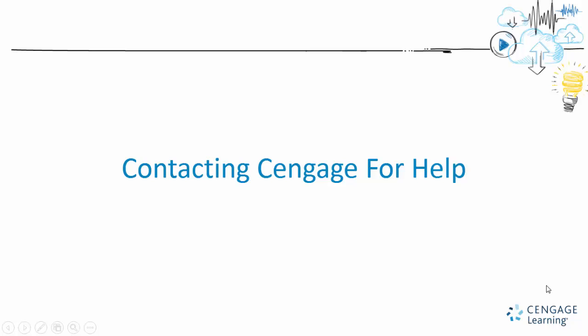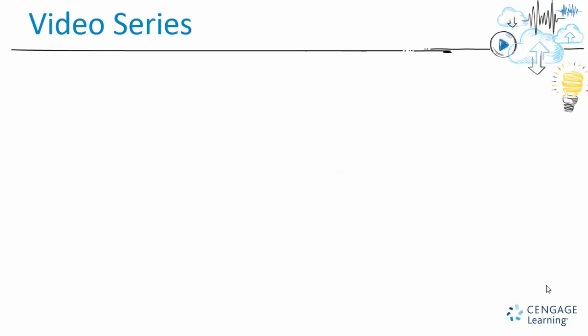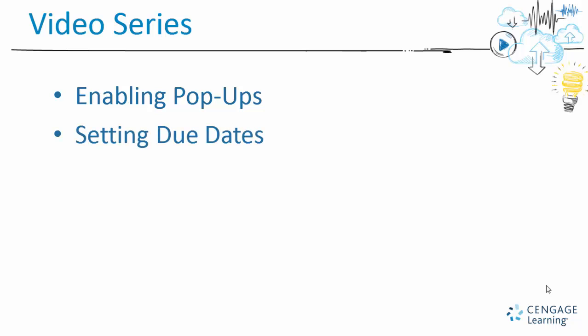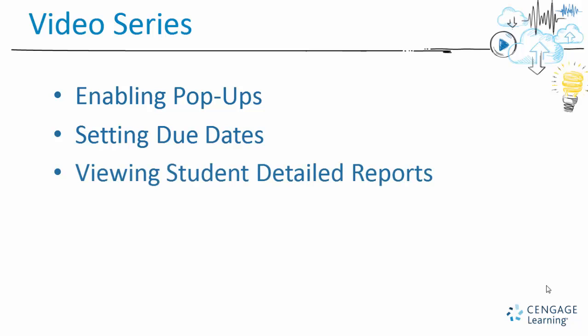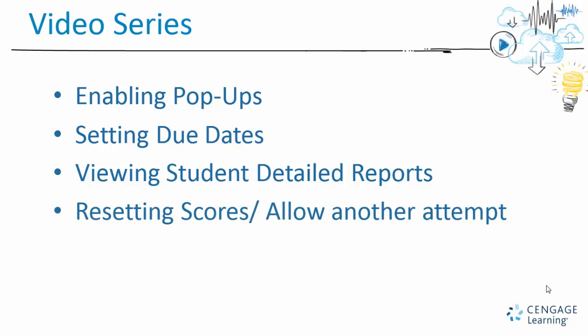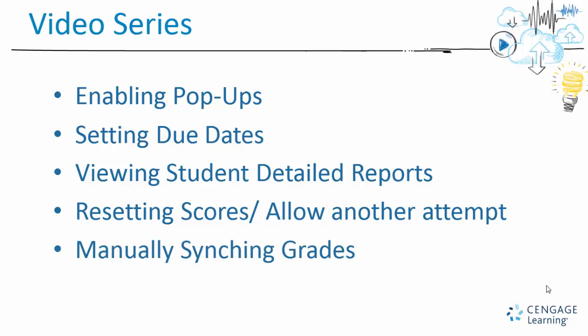Finally, this video was just meant to give you a general overview. There are a smaller set of training videos and tutorials that you can access for some of the common things that you'll need to do as an instructor, such as the importance of enabling pop-ups, how you can set due dates if that's something you need to do in your particular course, viewing student detailed reports, resetting scores or allowing students another attempt, and manually syncing grades.